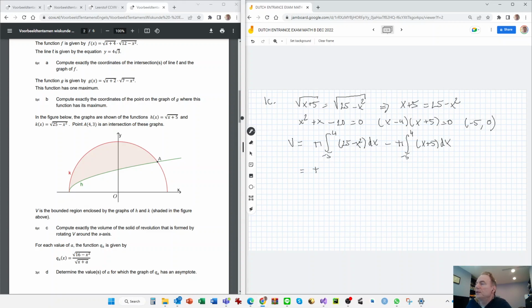So it's pi times, so it's pretty easy to find the primitives of these. So it's 25x. And this will be an x cubed, so I need to get 1/3.